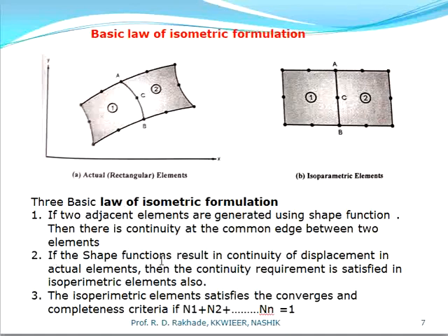Second, if the shape function results in continuity of displacement in the actual element, then the continuity requirement is satisfied in the isoparametric element also. Then third, the isoparametric element satisfies the convergence and completeness criteria, that is, the summation of all shape functions should be equal to 1. So this is the most important criterion.